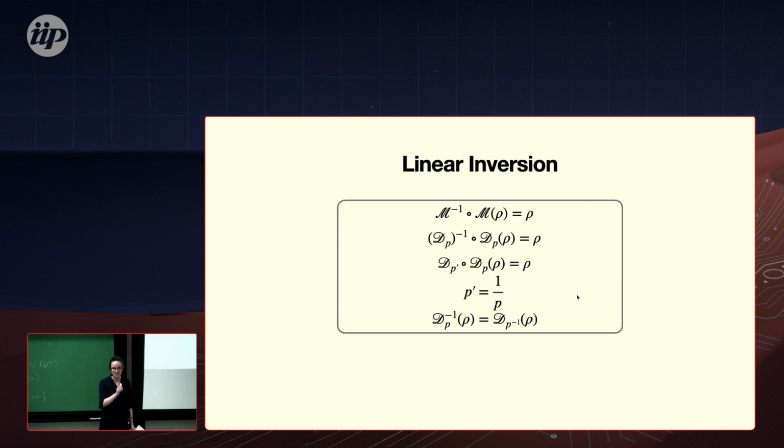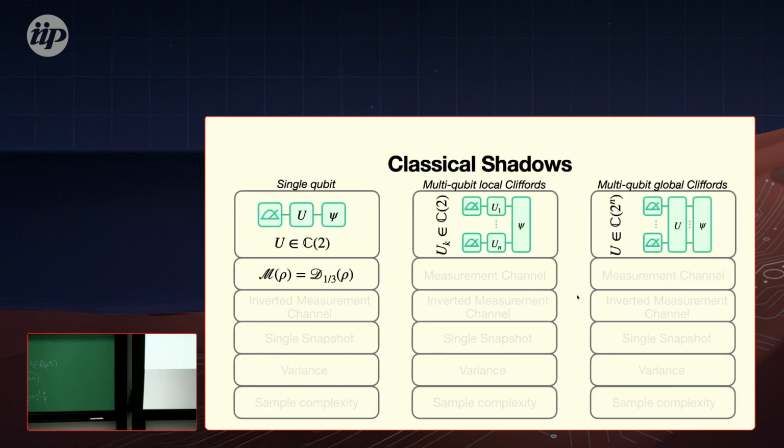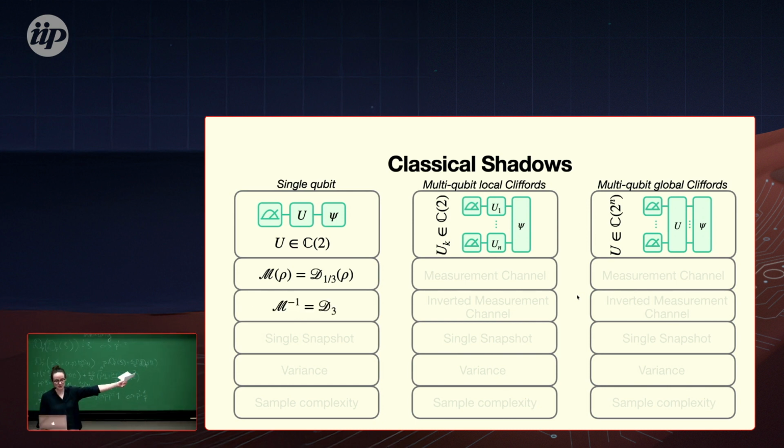We can do everything with maths that our heart desires, even if we cannot implement that in our device. Good. So we have our second box that we can fill in. The inverse of the measurement channel is the depolarizing channel with 1 over 3. The inverse of that is actually 3.